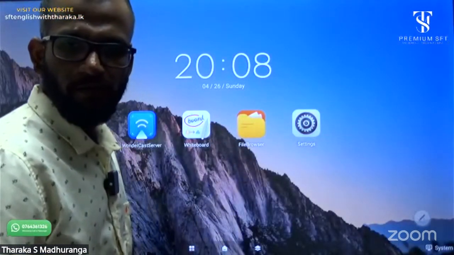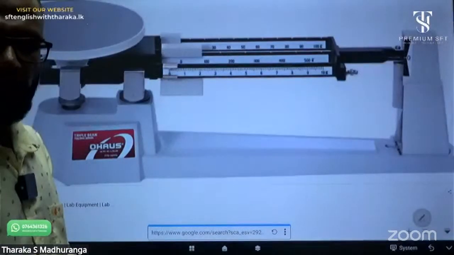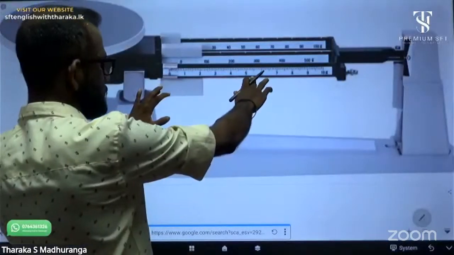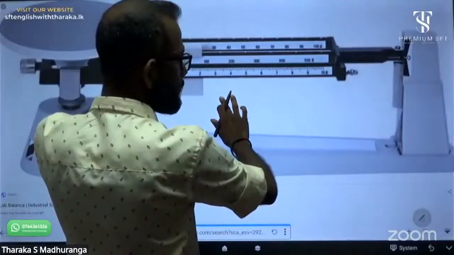I will find clear diagram. Now clear? Sorry. We can't zoom this.